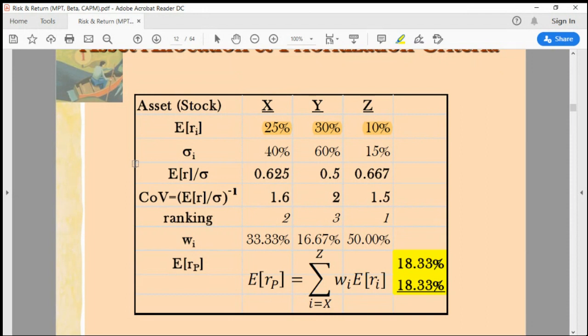So even if the actual return is higher than the expected return, it's still part of the risk because it's the variability around the mean.